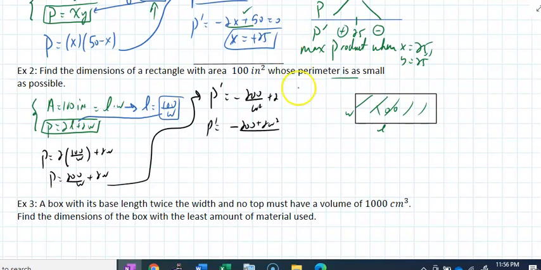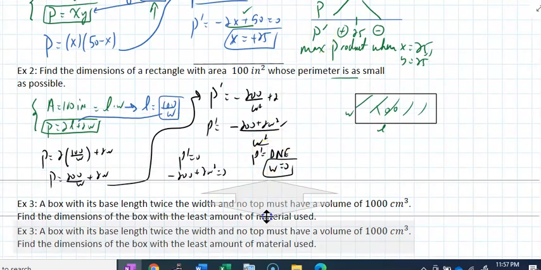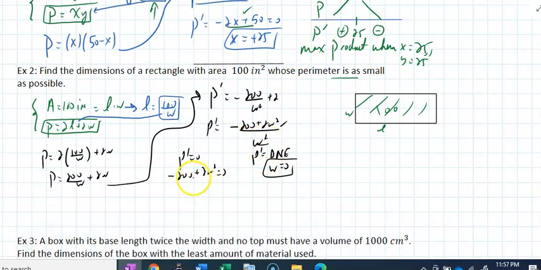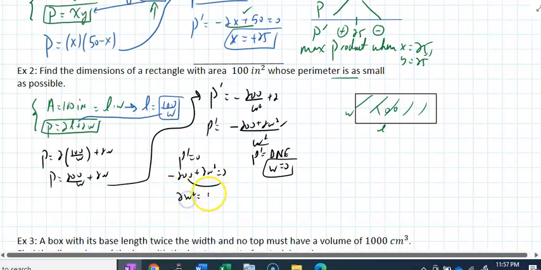So if I do my testing like I did before, where does P prime equal 0? Where does P prime not exist? Well, that's when W equals 0. And if I set that equal to 0, I'll be looking at 2W squared equal 200.